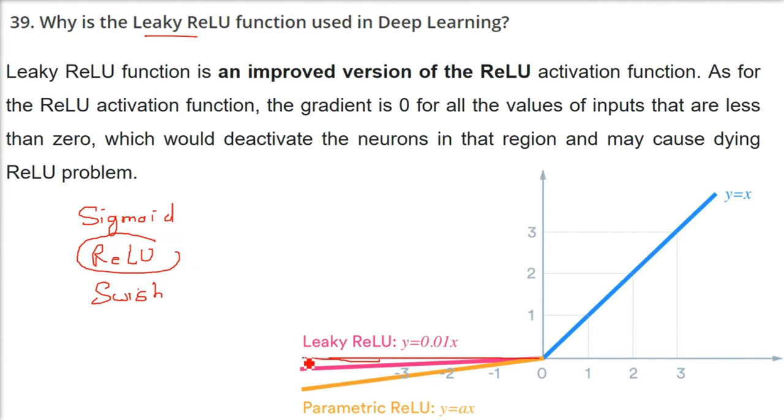But in the improved ReLU, it is not 0 there. If you remember, ReLU gives you 0 or max. Anything on the negative x-axis will be 0, and on the right-hand side, the positive x-axis, you get max. But this problem was improved in leaky ReLU, and you get some value because you don't want dying ReLU.